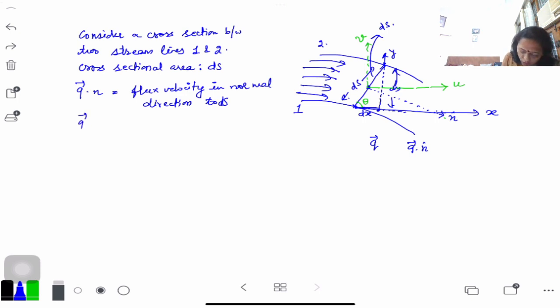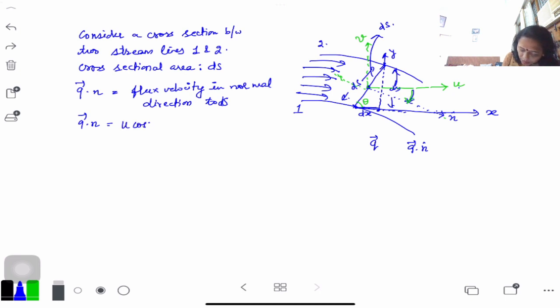It simply means I have to resolve u and v in the normal direction. That means I have to resolve this u in the direction of this normal. Similarly, I have to resolve this v again in the direction of the normal, right?